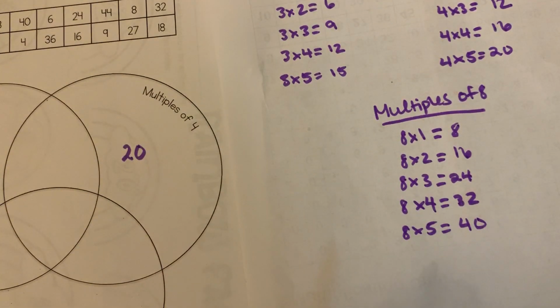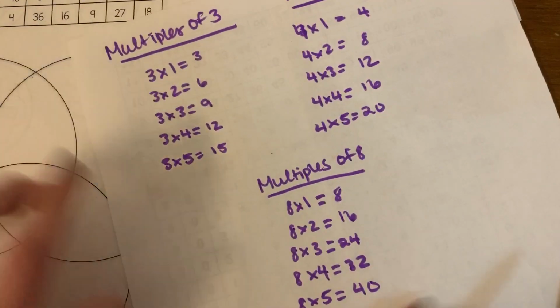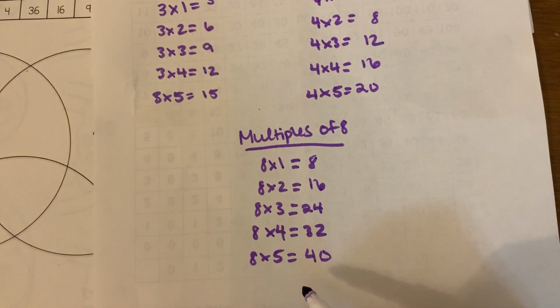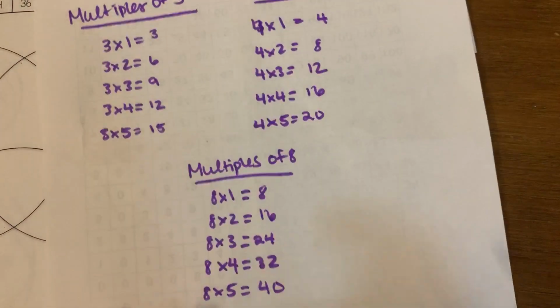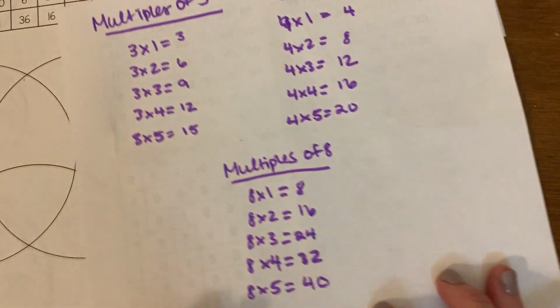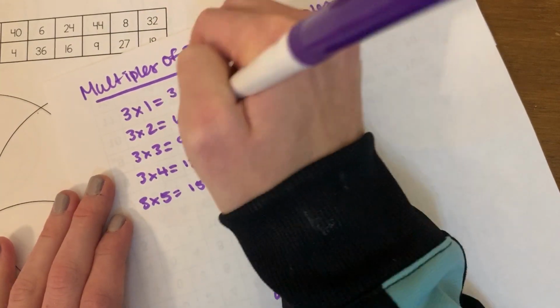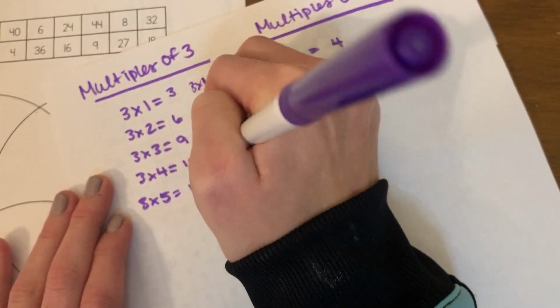Okay, the next one I want to look at is 40. I'm going to skip over to 40. So I have 8 times 5 gives me 40, but I know that 4 times 10 gives me 40. I know that already. So I could have gone ahead and just listed all my factors up to 10. If you're more comfortable with doing that, going ahead and adding all of those in there to make sure you don't miss anything, go for it.